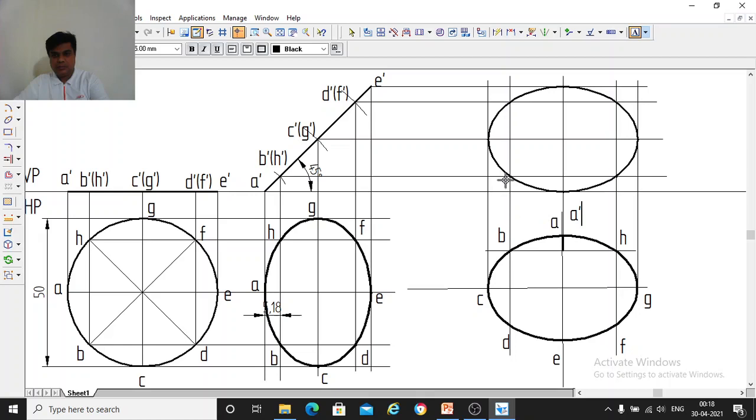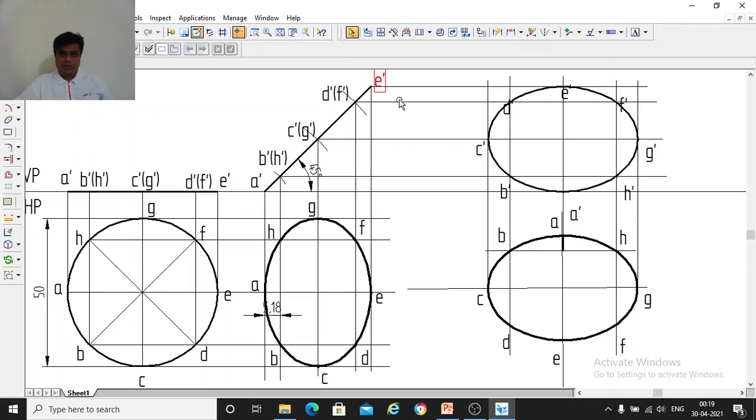Okay, so this will be B dash. So this will be C dash. This will be D dash. This will be E dash. So this will be F dash. This will be G dash, and this will be H dash.